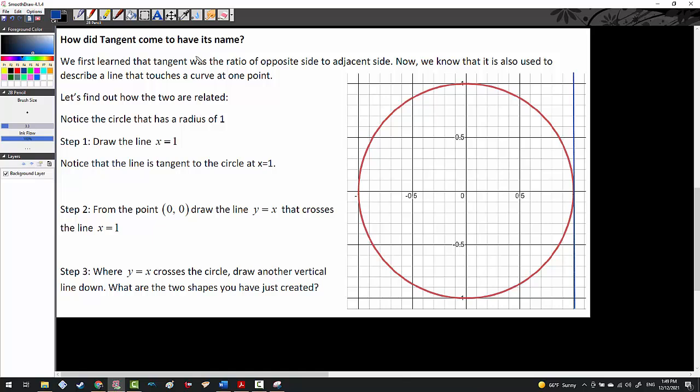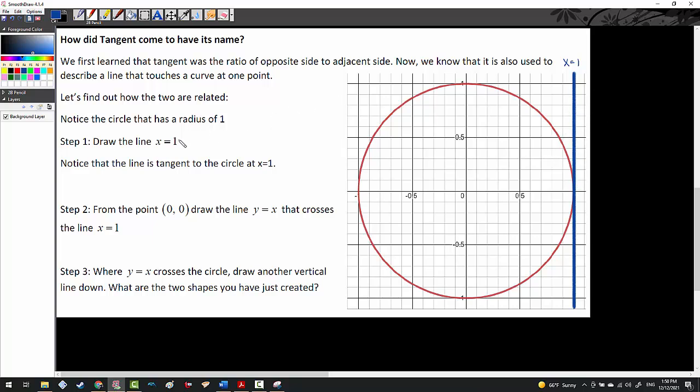In fact, I'll even make it a little bit thicker, that way we can really get that verticality of this thing going. And let me shrink the pen size a little bit. Awesome. So this is the line x equals 1, right? I'll go ahead and give the line a name in just a second.